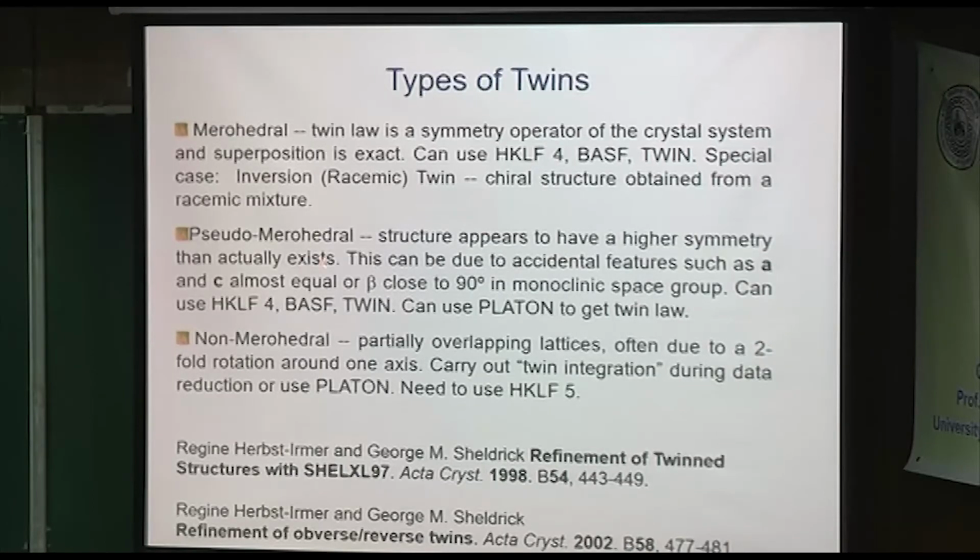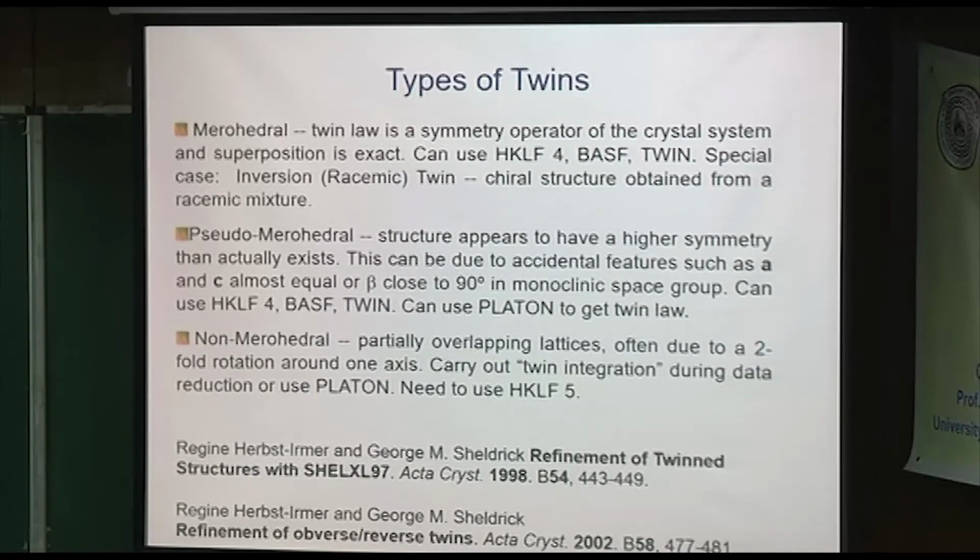So eventually you get to the point where you can look at a diffraction pattern and say, oh, that one is a twin. So in solving the structure, you may find that it has a higher symmetry than actually exists. For example, if it's monoclinic and the beta angle is close to 90, you may think that it's orthorhombic, just like that example I showed you yesterday, which wasn't a twin actually, but it could have been.